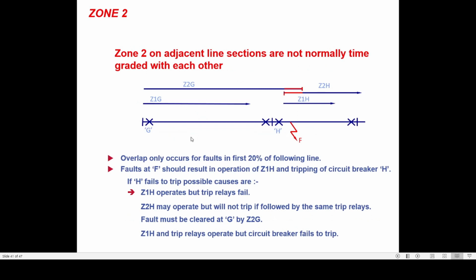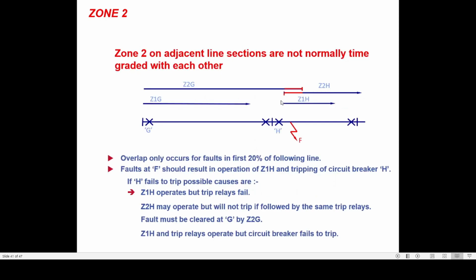Now, zone 2 of adjacent lines are normally not time graded with each other. Why? If you see here, this is a line G, and the second line H. For the relay at G, zone 1 is Z1G and zone 2 is Z2G. Similarly, for the relay at H, zone 1 is Z1H and zone 2 is Z2H.